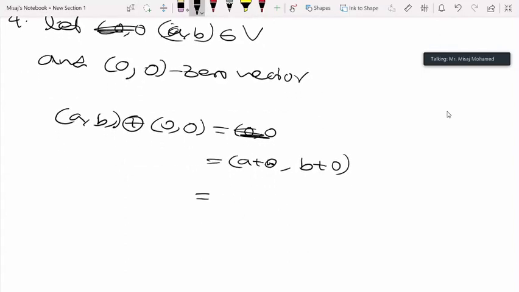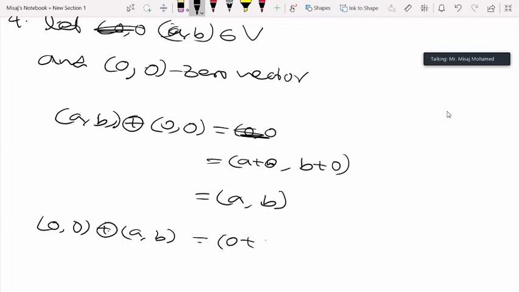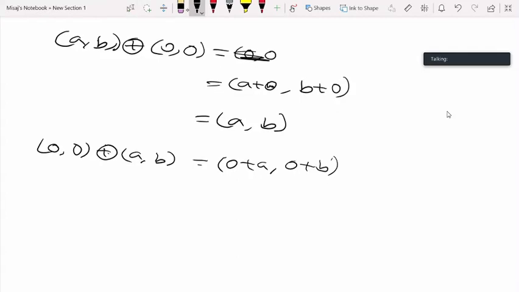Inside this one these are scalars, so no problem. (a, b). One side is enough. I am checking the other side. Right? So the additive identity exists.